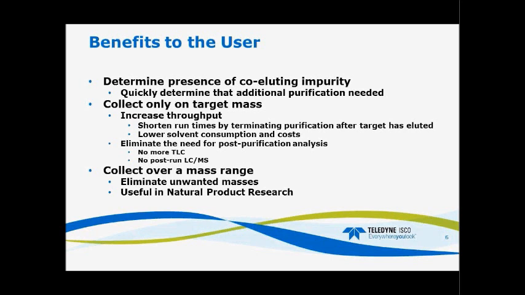So if you're interested in higher molecular weight alkaloids or other compounds, you can eliminate some of the lower masses by shunting those to waste and collecting over a mass range of, let's say, 300 to 500 Dalton. So collecting over a mass range is very useful for natural product chemists. Collecting on a target mass is very useful for an organic synthesis chemist.